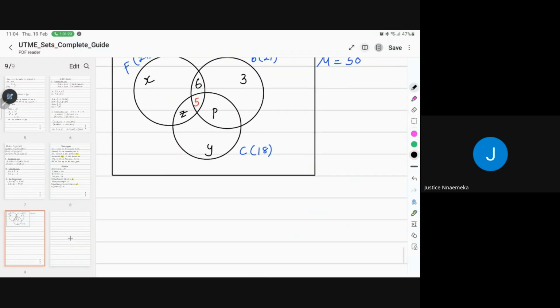So now let's have football only be X. That's the number of persons that has football only.